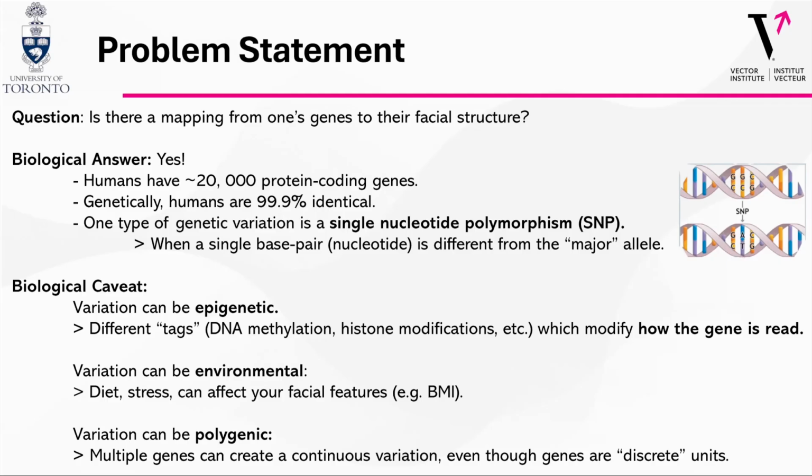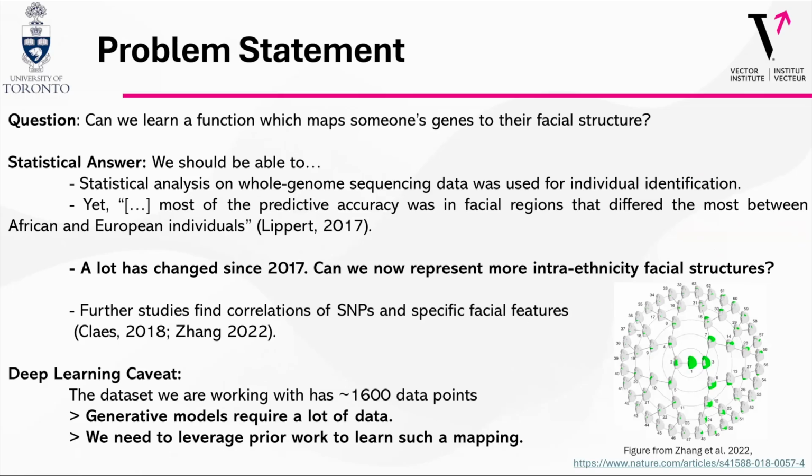And finally, some facial structures and a lot of your traits are polygenic, which means that there are multiple genes that affect that structure or that expression. And so the actual information gain for each SNP is fairly small. Statistically, there are statistical analyses that have been made from genome sequencing to facial structure.